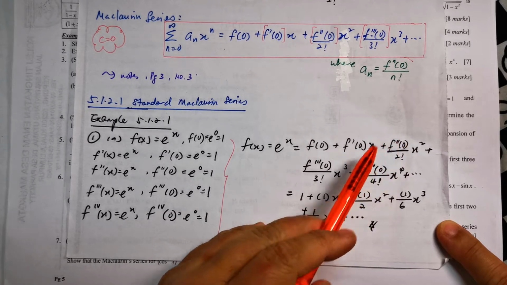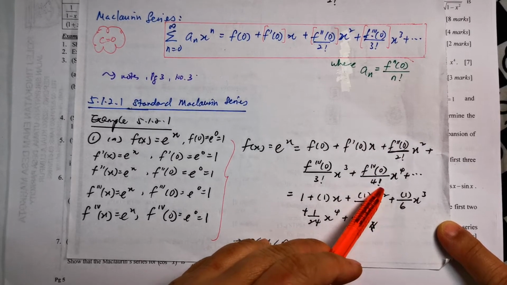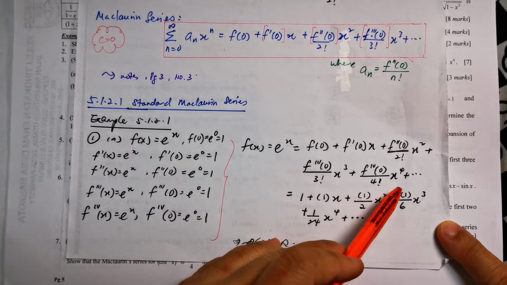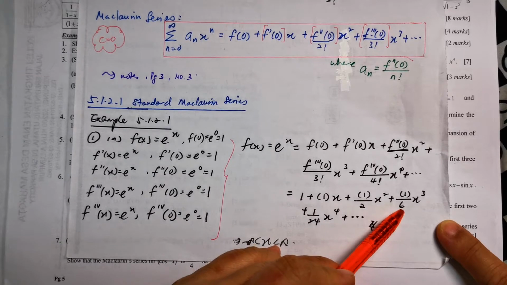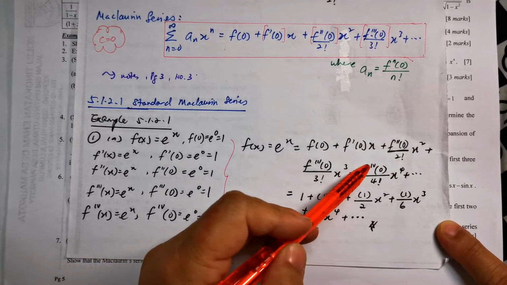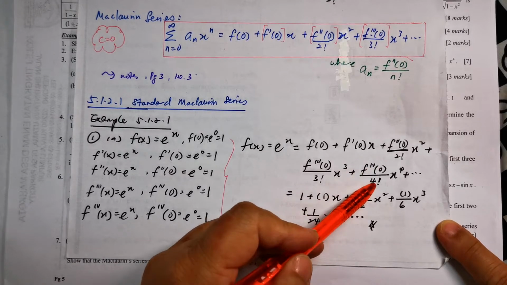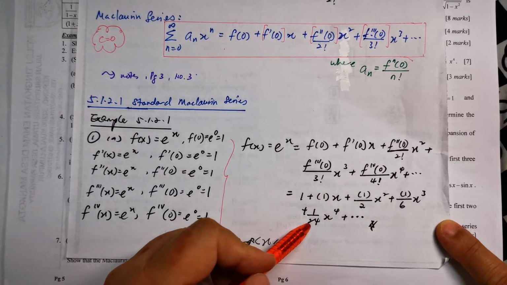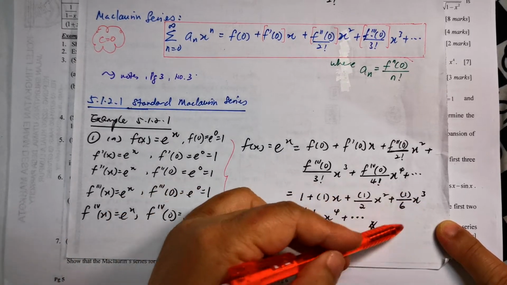F double prime(0) also 1, so 1 over factorial 2, factorial 2 is 2, x squared. F triple prime(0) is 1 also, over factorial 3, which is 6. And the fourth derivative is 1 also, so 1 over factorial 4, factorial 4 is 24. So this is already the simplest way.